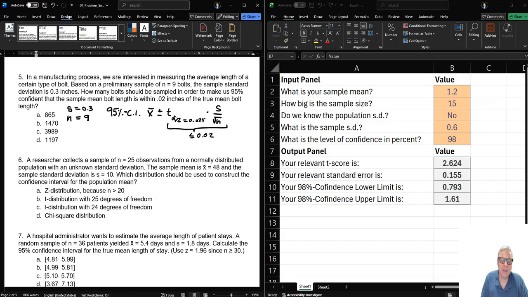So the only thing that we really need is we need to get the t-score for how many degrees of freedom? Well, because we have n equals 9, our degrees of freedom is 8.